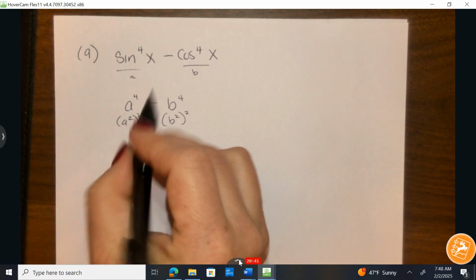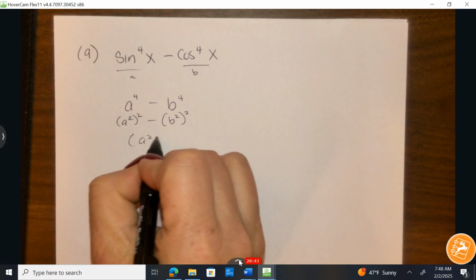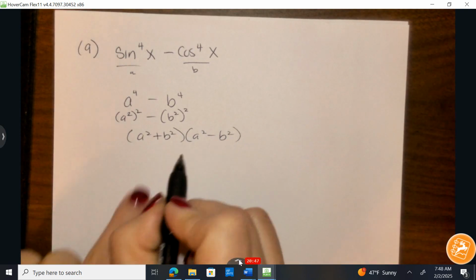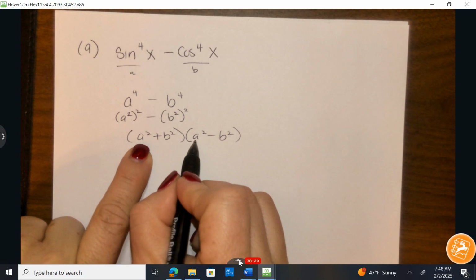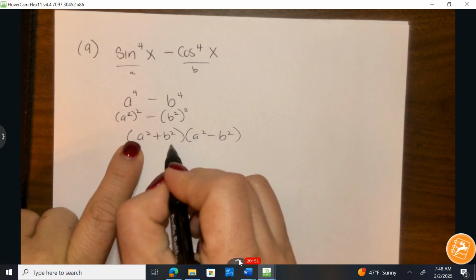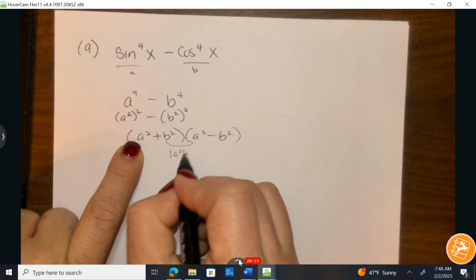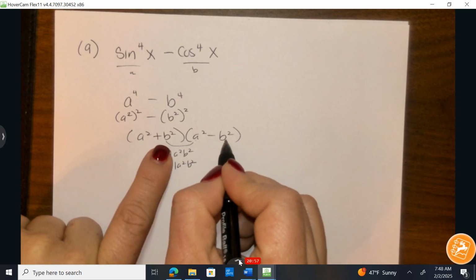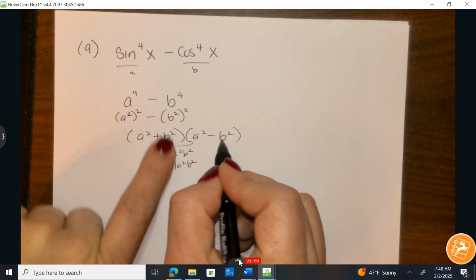And going with a difference of squares, I could take a squared plus b squared and a squared minus b squared. Now watch. This gives us a to the fourth, perfect. The inside is 1a squared b squared. The outside is negative 1a squared b squared. And then the back is going to be a negative b to the fourth.